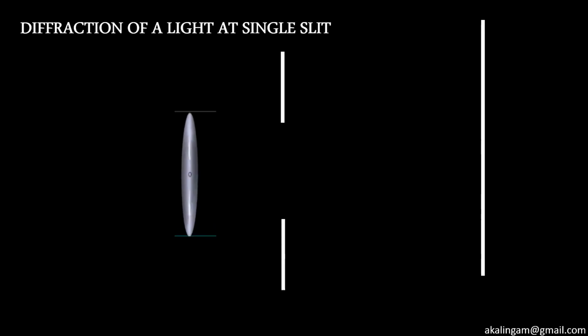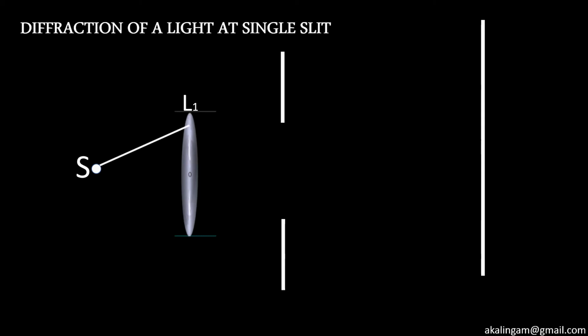Next, we are going to see an interesting topic, which is diffraction of light at a single slit. Screen, slit, lens, source S, and monochromatic light, which is a single-wavelength light, of wavelength lambda. This is a Fraunhofer diffraction setup.